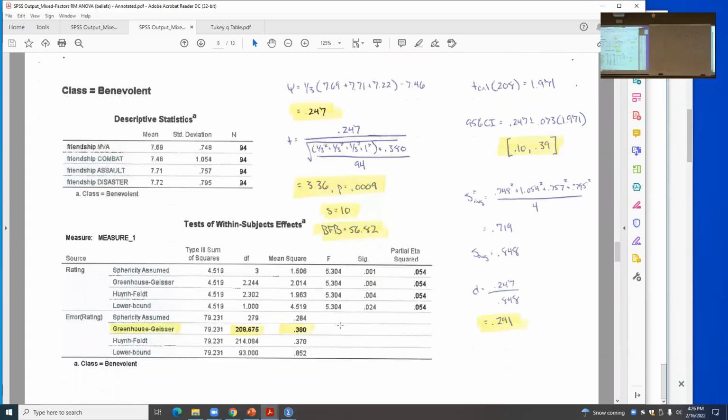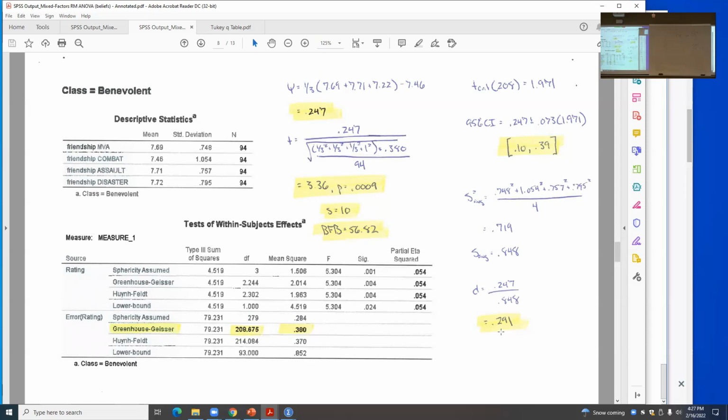I can calculate the same contrast, get the value of my contrast, calculate my test statistic and my p-value, Bayes factor, calculate my confidence bounds and confidence interval, all pulling from my mean squared error from the one-way repeated measures ANOVA just within my benevolent class.